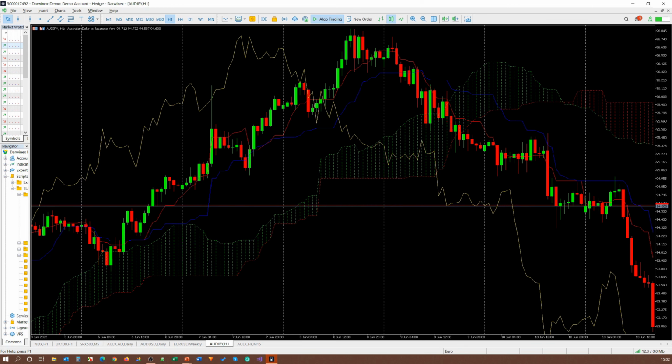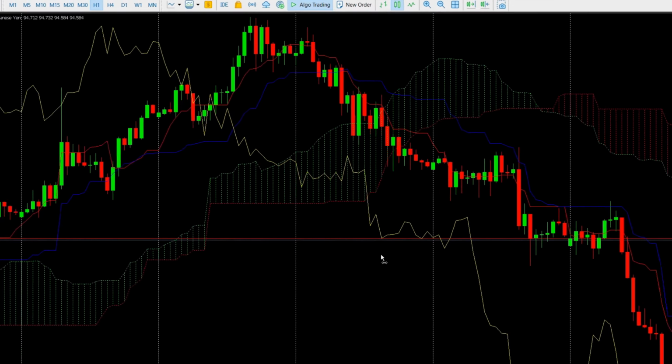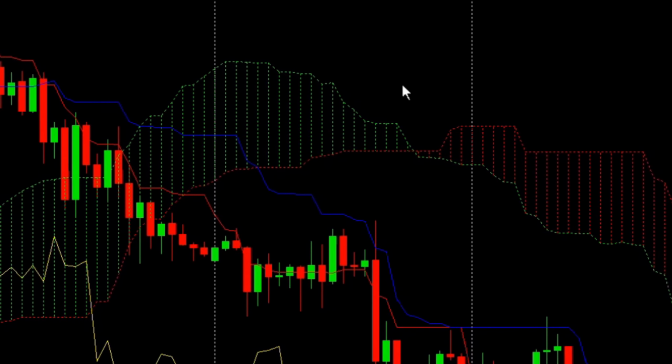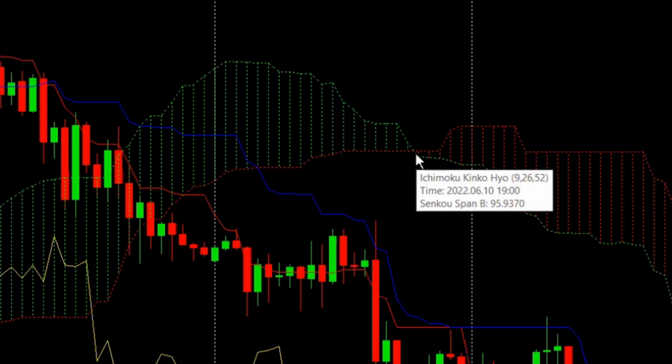So let's take a look at this in the chart that we've been looking at. So here you can see when the cloud turns from green to red, this is the indication that we've gone from a bullish Kumo to a bearish Kumo, and the switch happened at this point here.